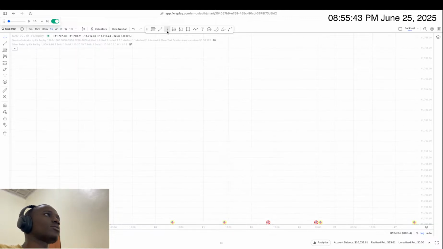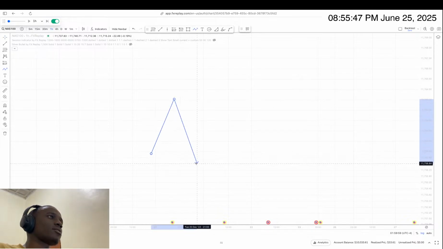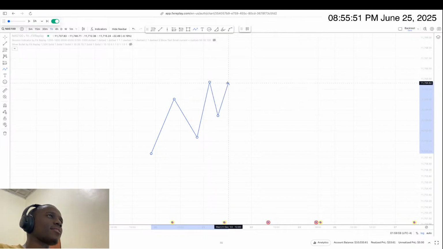Okay, so let's suppose we have a chart that's going like this, and then we create a small high right here, and then we start to drop. You can see that this is an internal low. Sometimes we come and take out this high by a small tick, and then we start to drop.